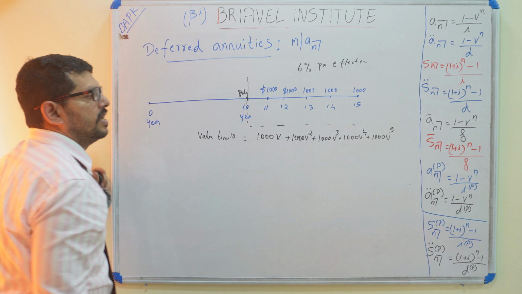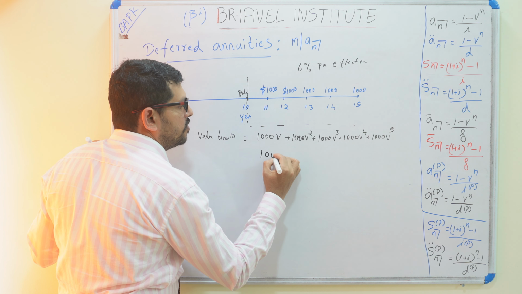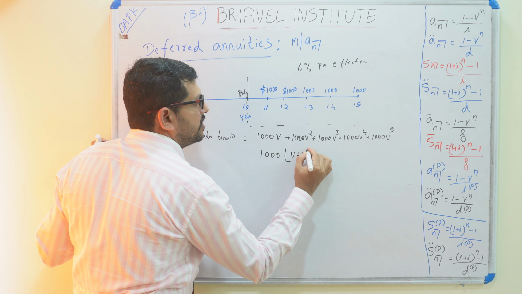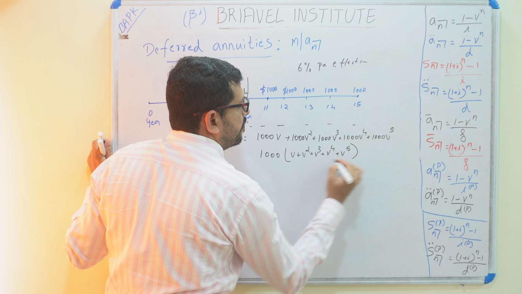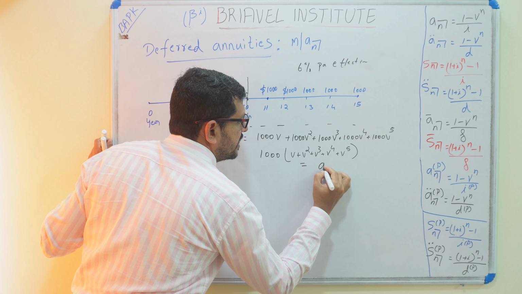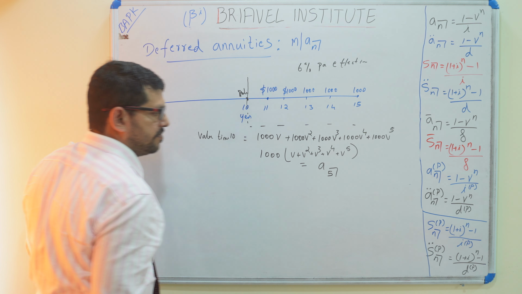Each has been taken to here. We can write 1,000 times v plus v squared plus v cubed plus v raised to 4 plus v raised to 5. So this term we can write as a_5.